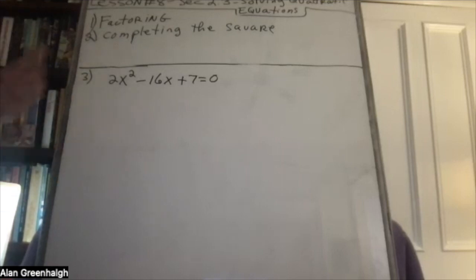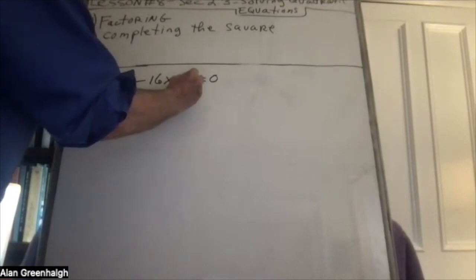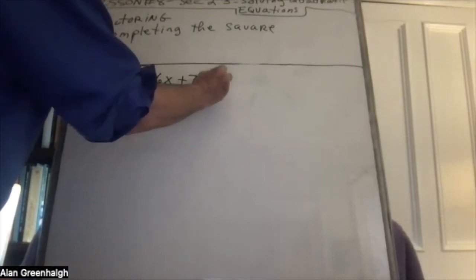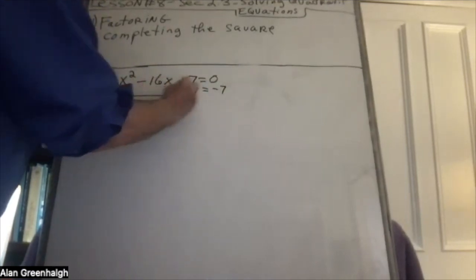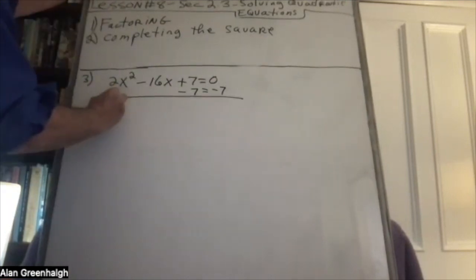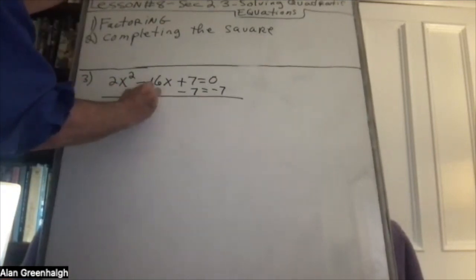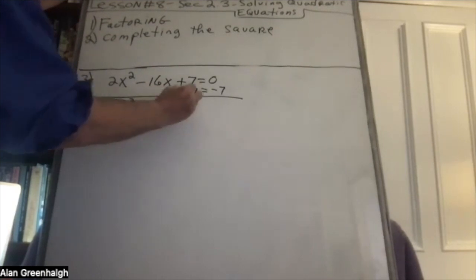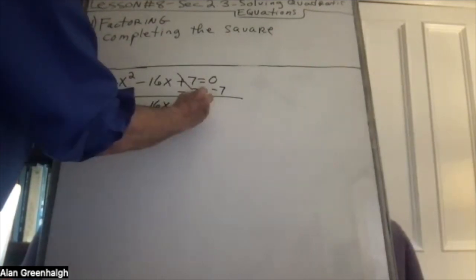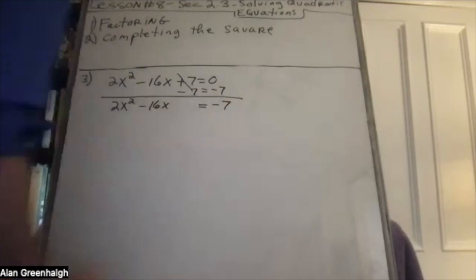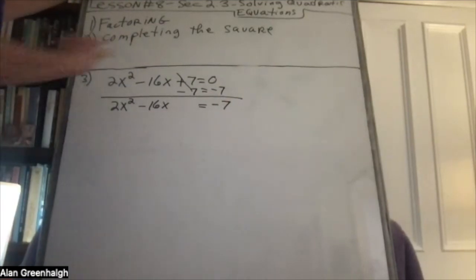We proceed to do what we normally would do, and that is we go like this. This is the normal way of solving a quadratic equation by completing the square, right?